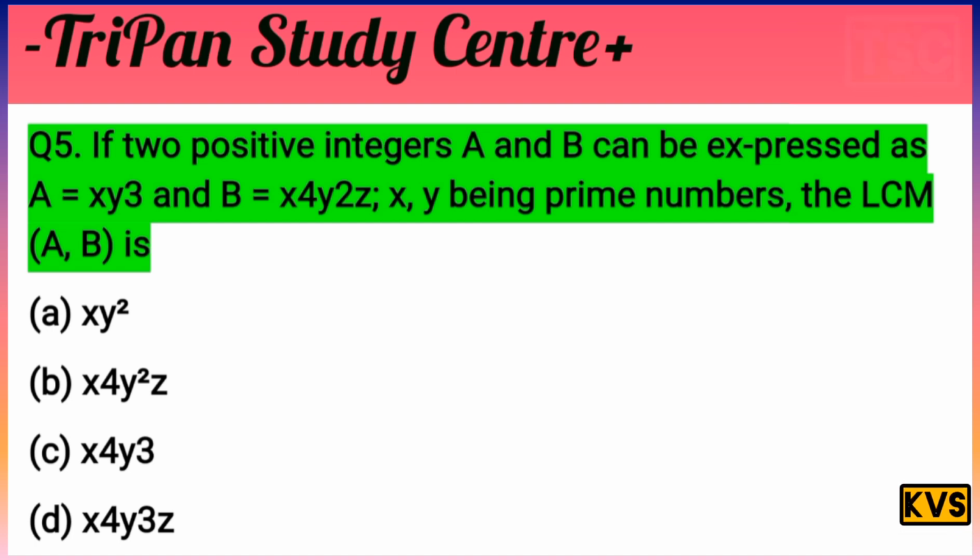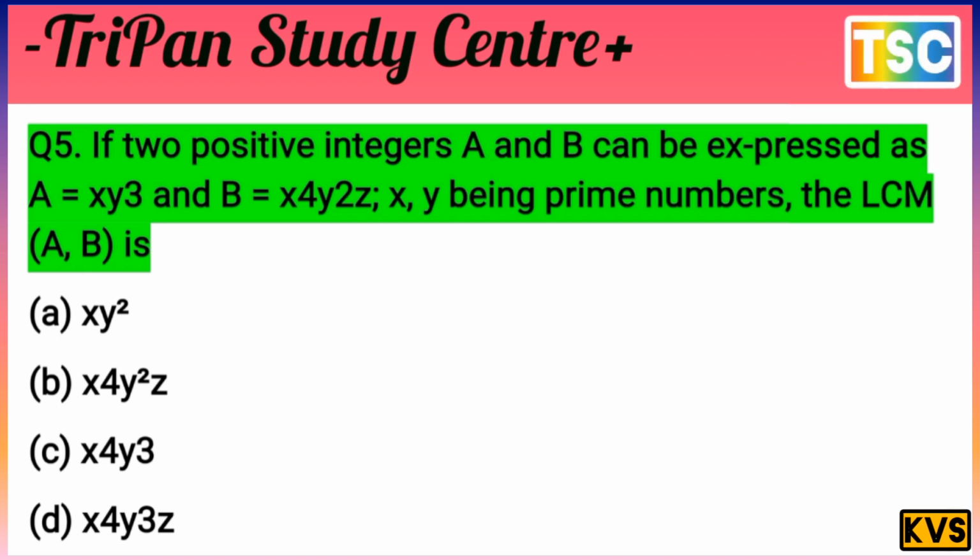The LCM means lowest common multiple. We take the higher power of each factor: y^3 from A, and x^4 and z from B. So option A is totally wrong. Option B, x^4 y^2 z, is not applicable because y is to the power 3, not 2.